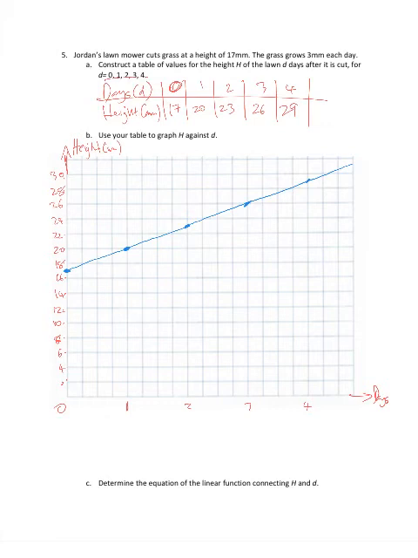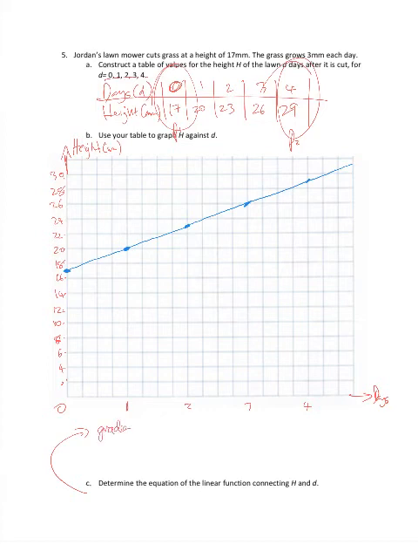So that's that. Determine the equation of the linear function connecting H and D. Thankfully we have an actual table of values, so we can use 2 points, point 1 and point 2. I'm going to do this up here because there's more space.